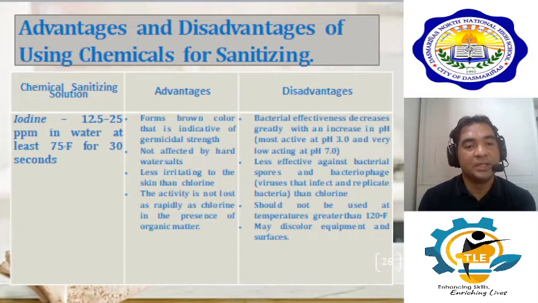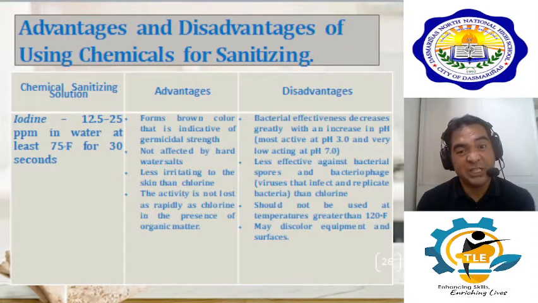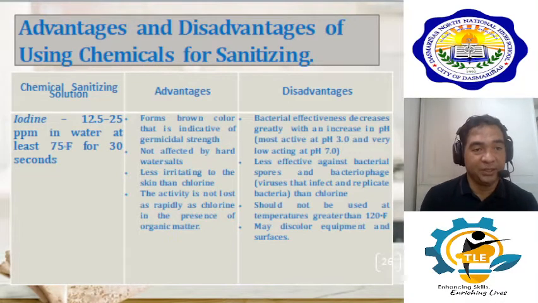Okay, next one is it should not be used at temperatures greater than 100 degrees Fahrenheit. So if it's higher than that, its efficacy will decrease. Okay, it may discolor equipment and surfaces, so it may cause stains if you use iodine.